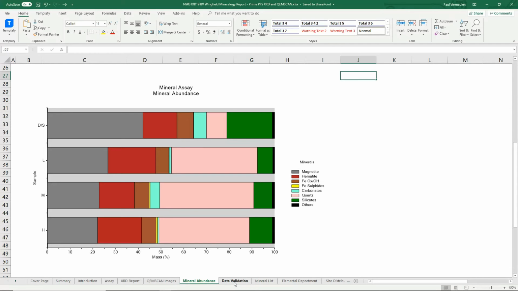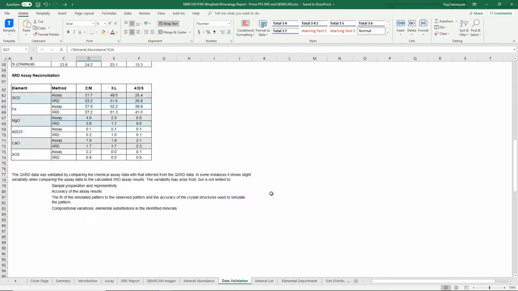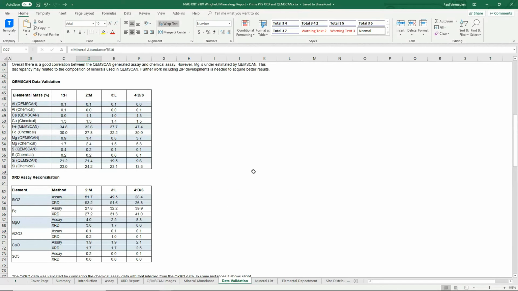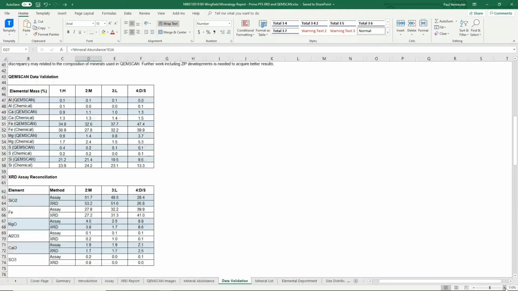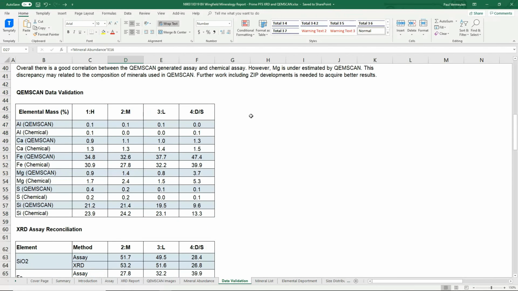The next tab in this worksheet is called Data Validation, and it's quite insightful. Let's have a look at the QEMSCAN data validation, and then we'll do the XRD data validation as well. Starting with QEMSCAN. Remember that it concerns chemical elements, not oxides or sulfides or anything.